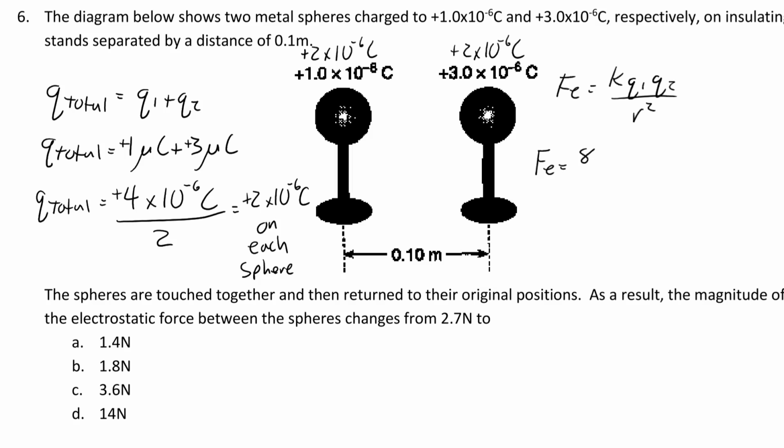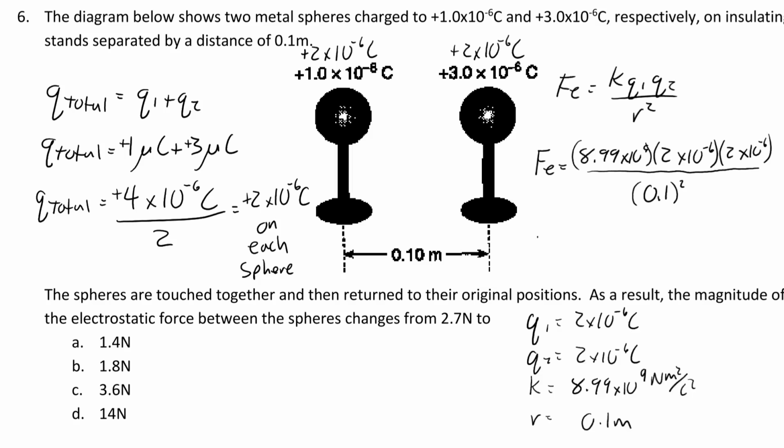Fe is equal to 8.99 times 10 to the 9 times 2 times 10 to the negative 6, and 2 times 10 to the negative 6 again, divided by R squared, so 0.1 squared. Don't forget to write your units, and you get an answer of about 3.6 newtons.